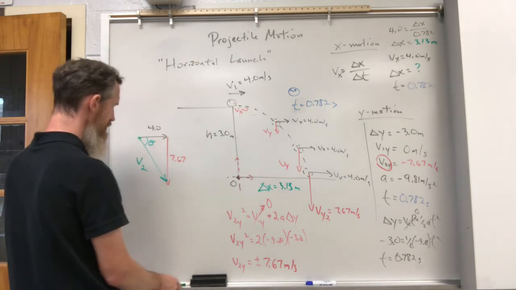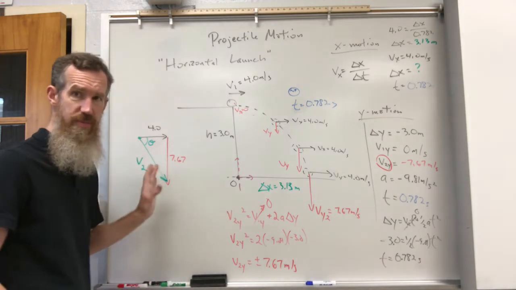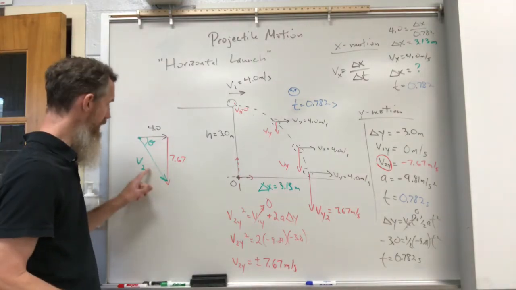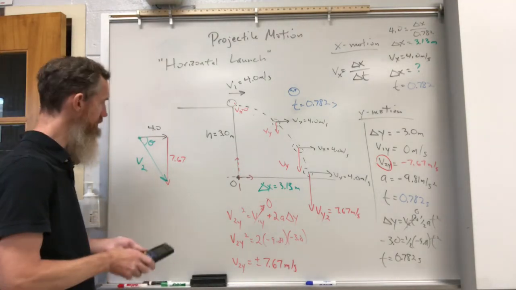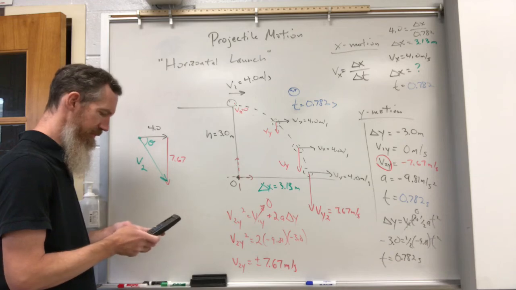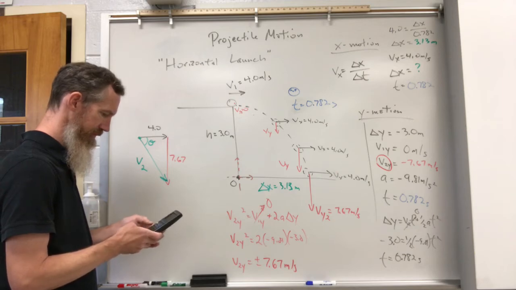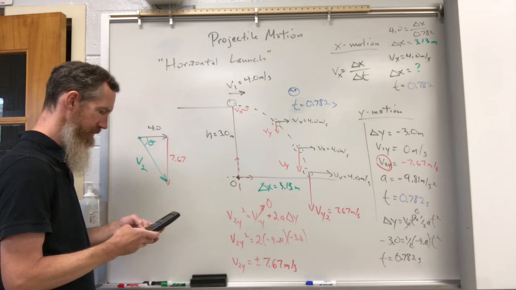And to do this, I'm not going to show the work, you should be able to do this. You're going to do Pythagorean theorem and find the hypotenuse. So if I do that, oopsie.